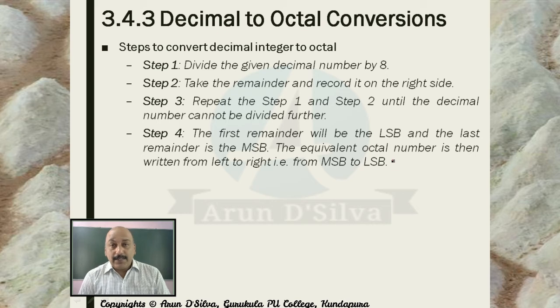I told you about the most significant bit and the least significant bit. The octal number is then written from left to right, that is from MSB to LSB. So this is the procedure, the same way as you have seen in binary.